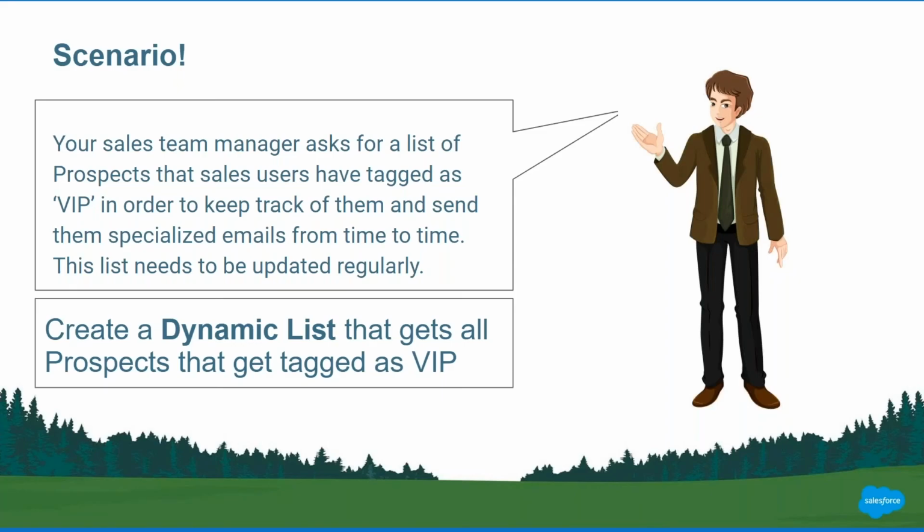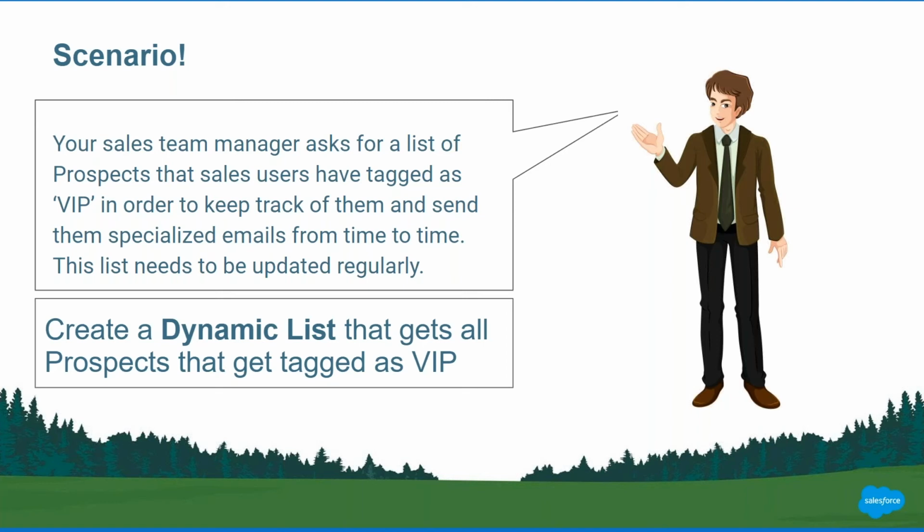So maybe this time your sales team manager asks for a list of prospects that sales users in Pardot have tagged as VIP. You can tag prospects in Pardot, and in this case, you tag them as VIP in order to keep track of them and send them specialized emails from time to time. So this list needs to be updated regularly.